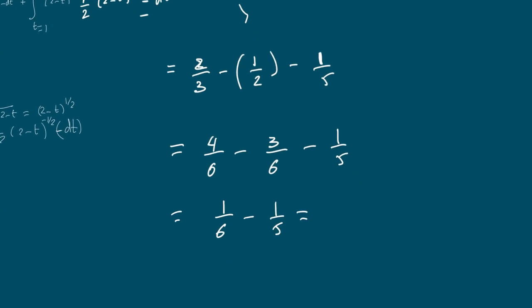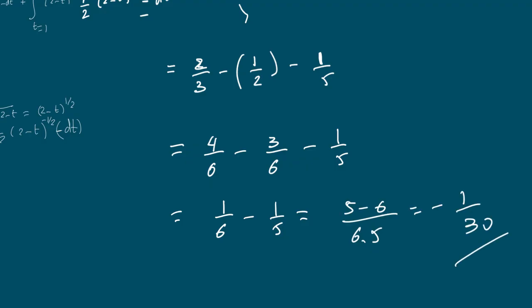So I multiply by 30. Oh, sorry. 1/6 minus 1/5 will be 5 minus 6 divided by 6 multiplied by 5.